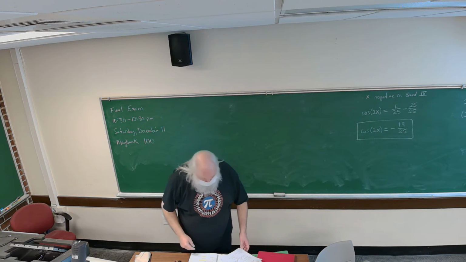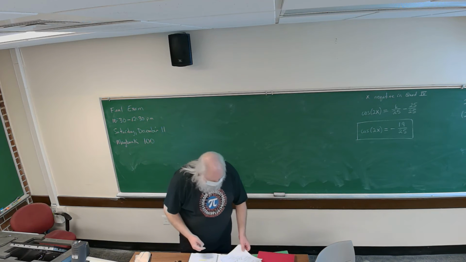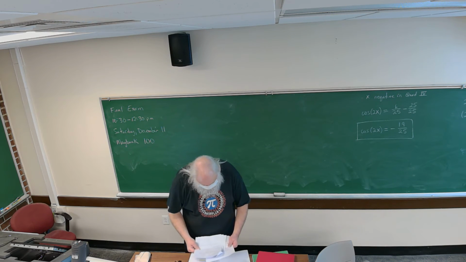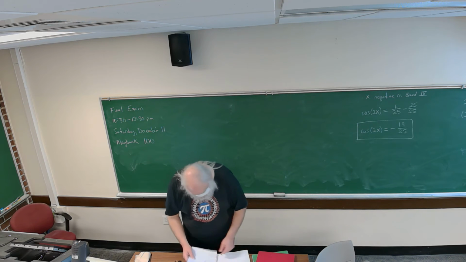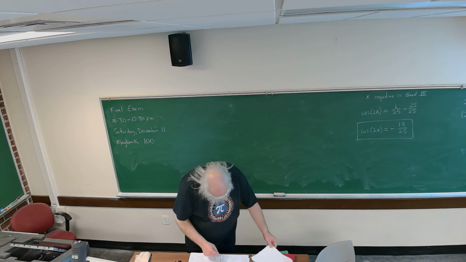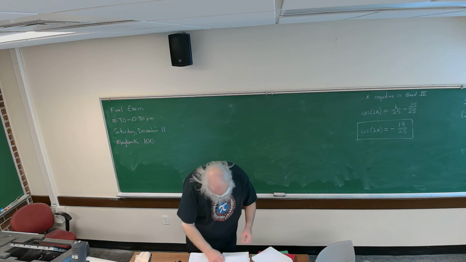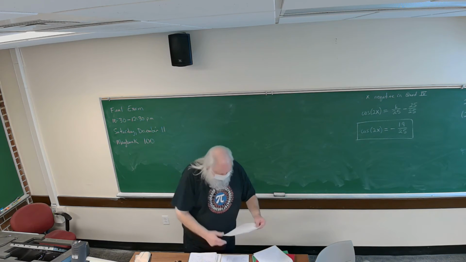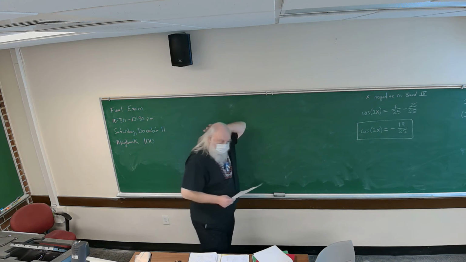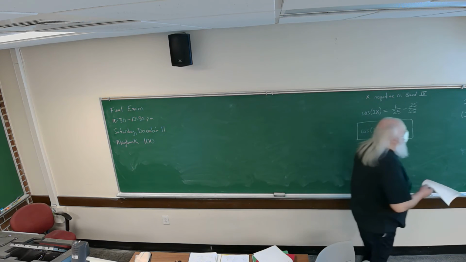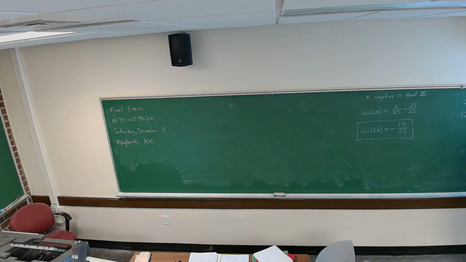Now, if you have your unit circle handy, you might want to get it out. If you don't have one, I have a couple extra up here. We're going to find all the angles x that we can put into this trigonometric equation so that the left-hand side equals 0.